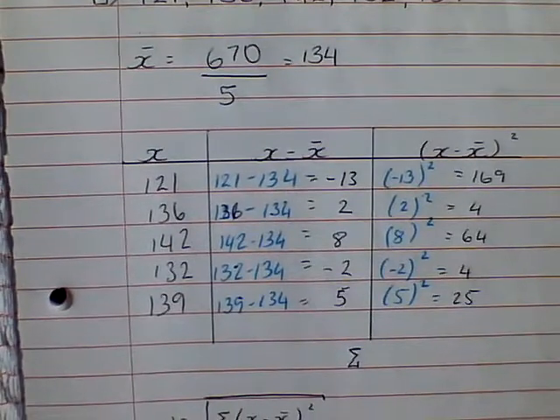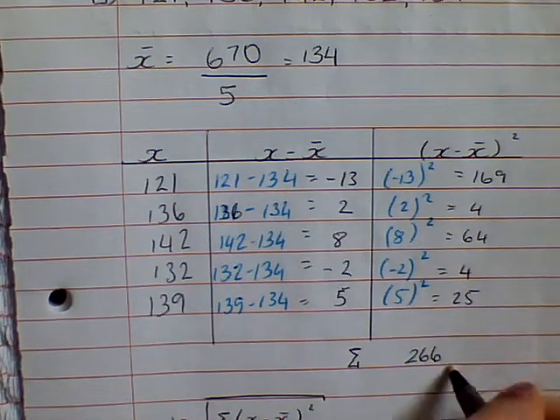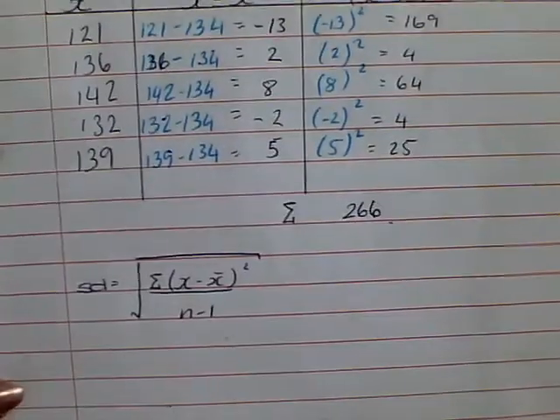And we need the sum of all of those. So I'm going to type into the calculator 169, add 4, add 64, add 4, add 25. And I've got 266. And that goes into our formula that is on the front of the formula sheet.